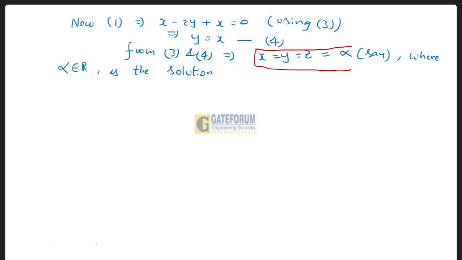Now we can write this solution xyz in a column matrix. You know that Ax equal to O, where X is a column matrix.